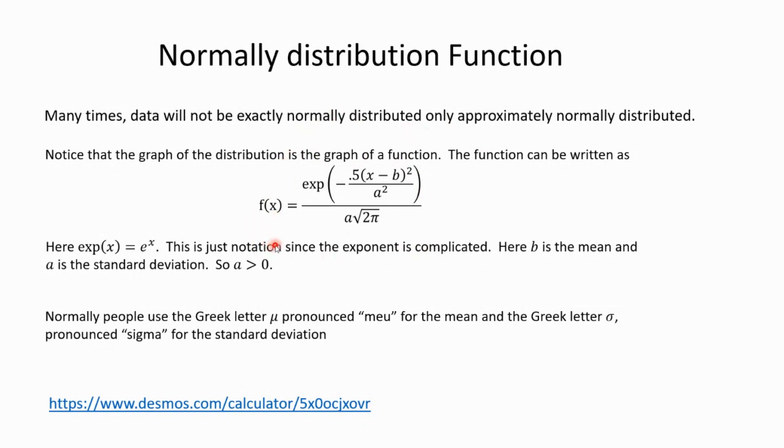It's not as bad as it looks, though. This exp is actually e to the x. There is a button on your calculator for e to the x. Exp is just shorthand notation for this. It's what they call an exponential function. Here, b is actually the mean. A is the standard deviation.